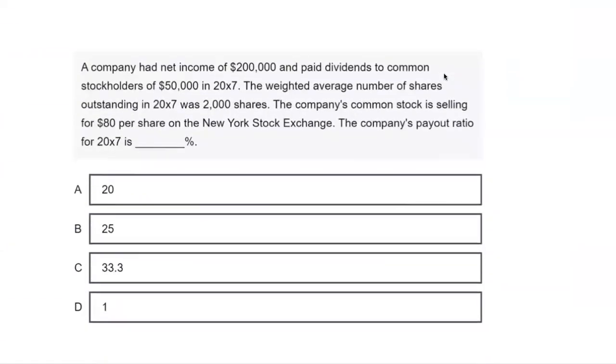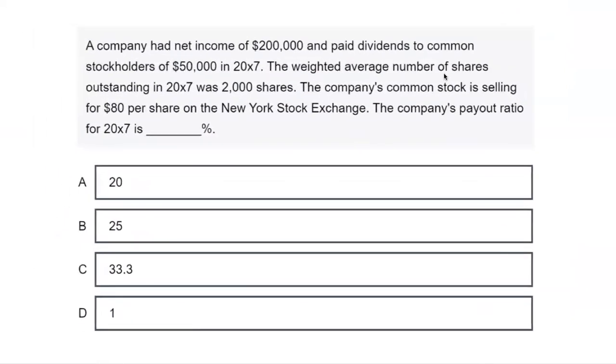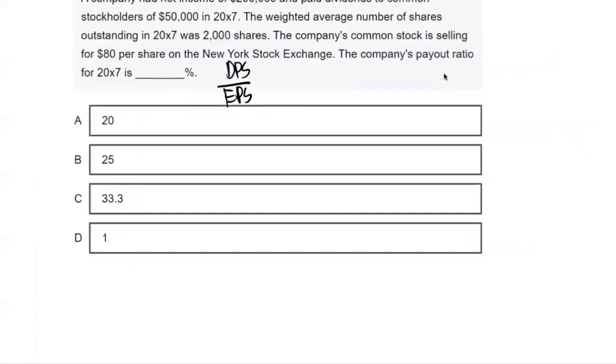Okay. Payout ratio. Once again, our payout ratio is dividend per share, DPS, divided by earnings per share, EPS. So, how much is our dividends per share? Dividends. Let's write here 50,000. That is our total dividends.